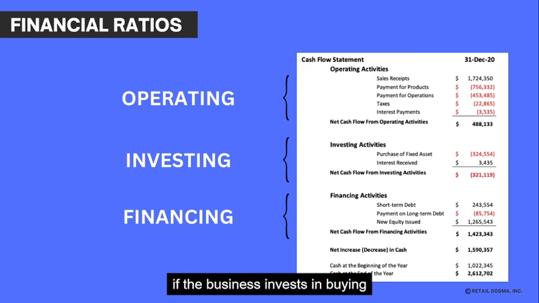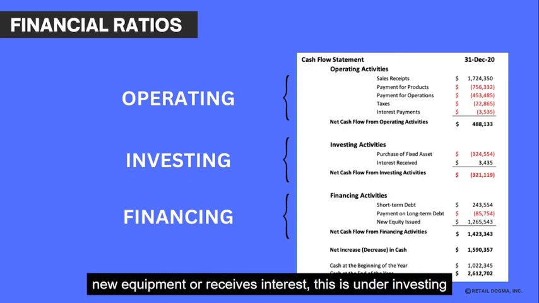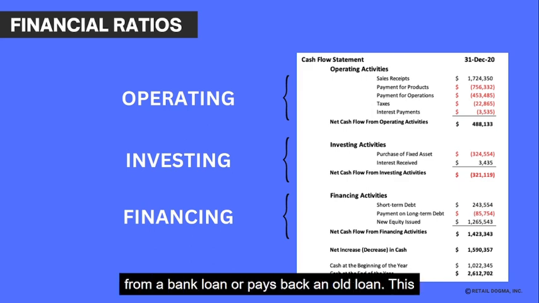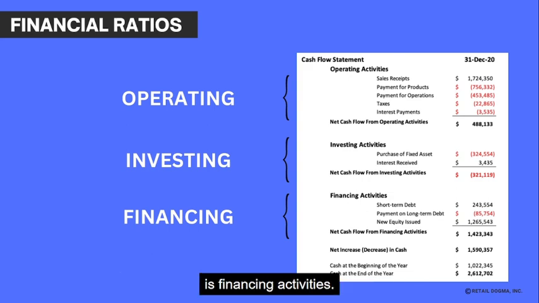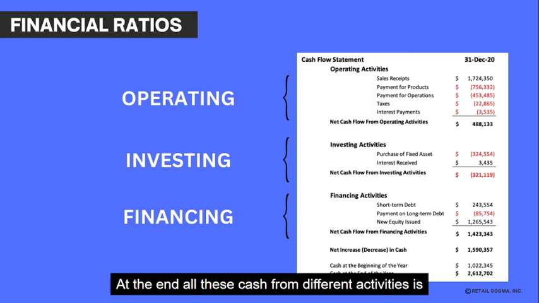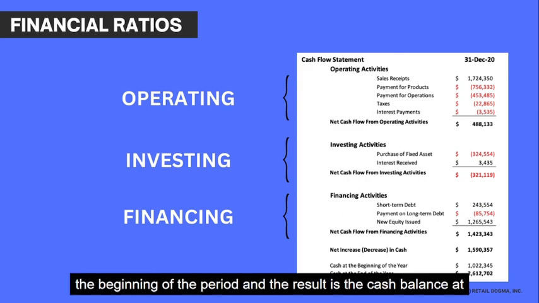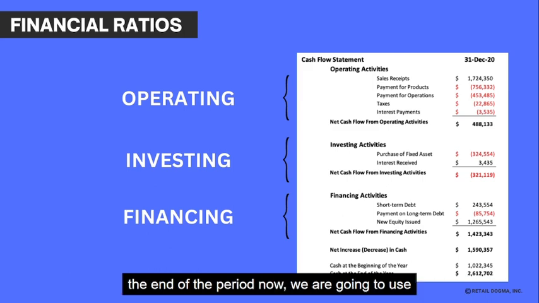If the business invests in buying new equipment or receives interest, this is under investing activities. When it receives cash from a bank loan or pays back an old loan, this is financing activities. At the end, all this cash from different activities is added to or subtracted from cash at the beginning of the period, and the result is the cash balance at the end of the period.